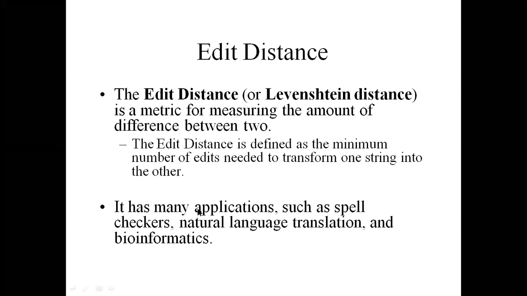It has many applications, such as spell checkers. Suppose a spelling mistake occurs in your MS Word document when you are preparing a document. Suppose instead of typing ANT, you have typed ANE.